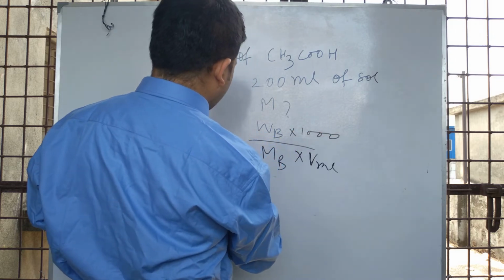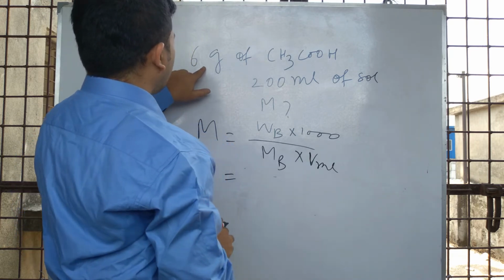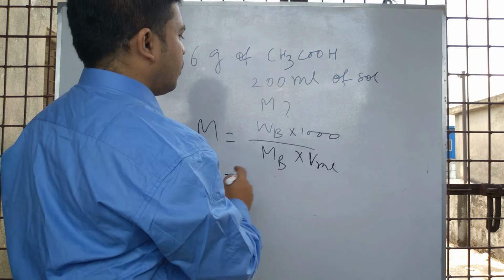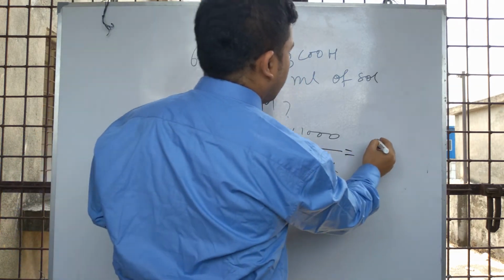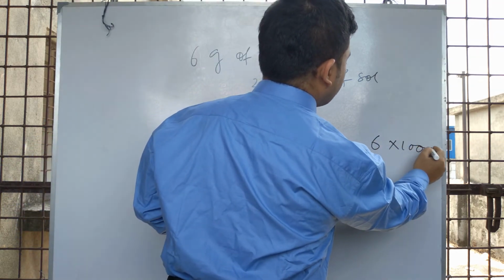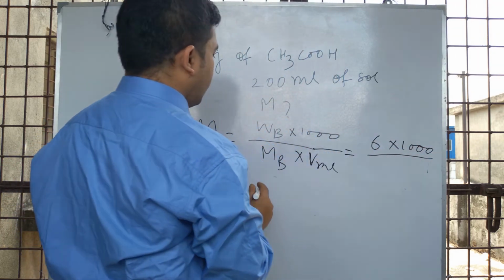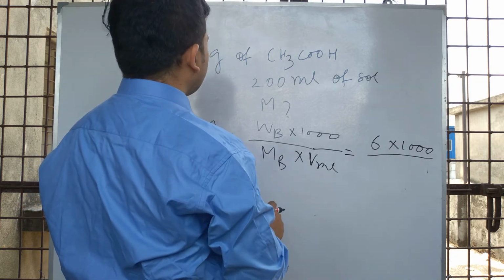So our calculation is: Wb means the weight of solute taken, that is 6 gram, into 1000, and Mb is the molecular weight of the solute.